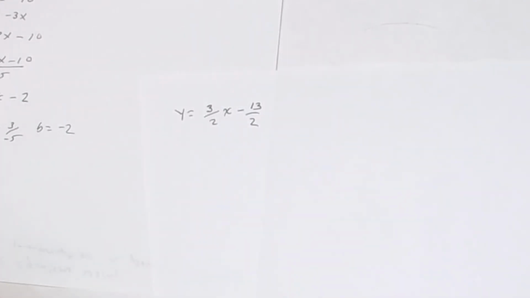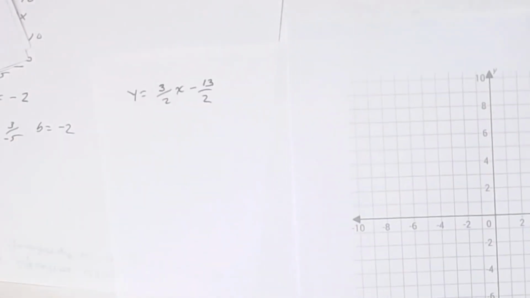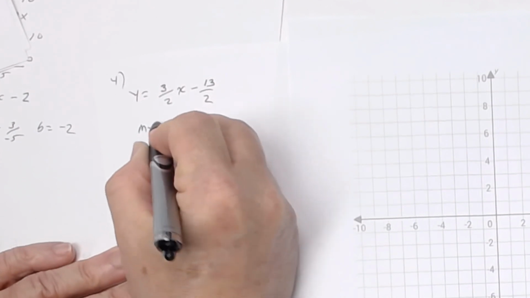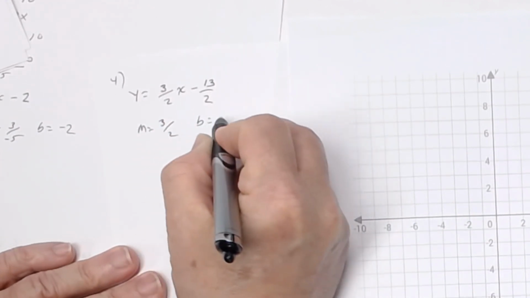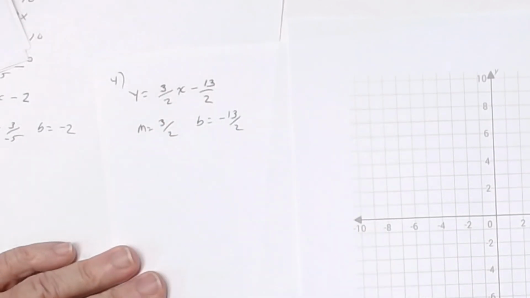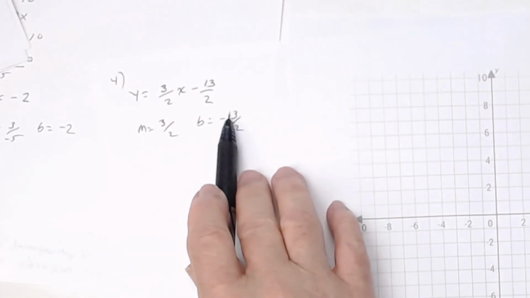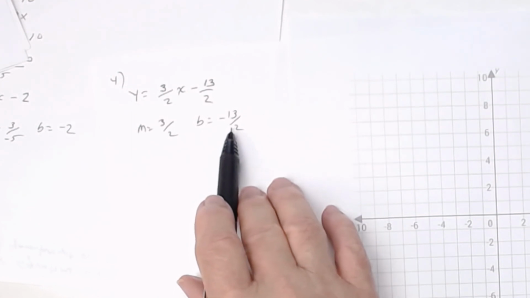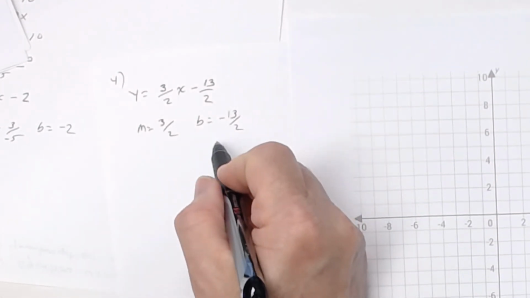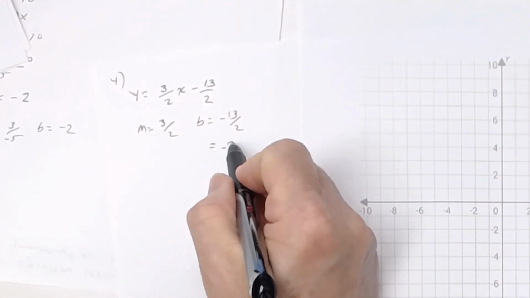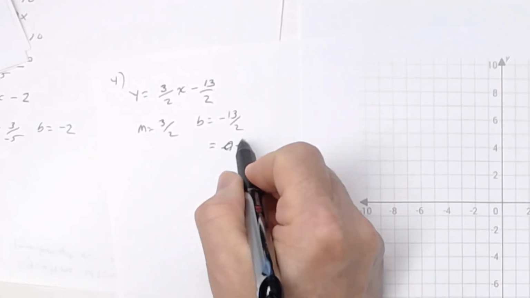So, for example, in this case, we'll call this number 4. We have that the slope is 3/2, and that my y-intercept is a negative 13/2. Now that's not an integer. I would have liked it to have been an integer, but it's not. I know though that it is equal to negative 6.5.